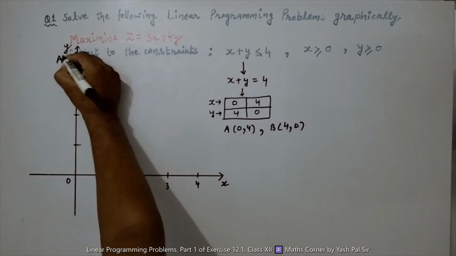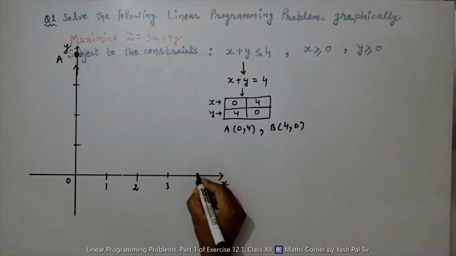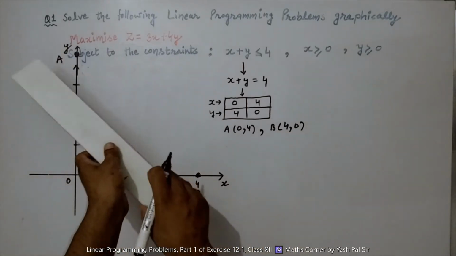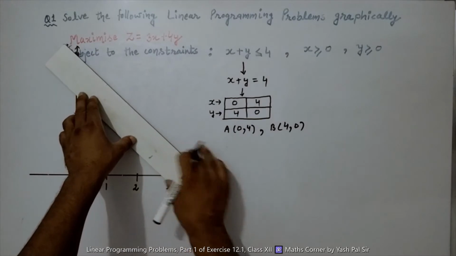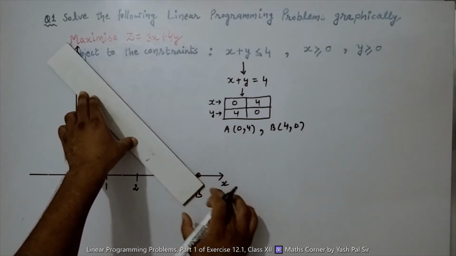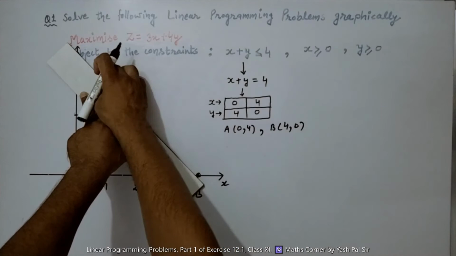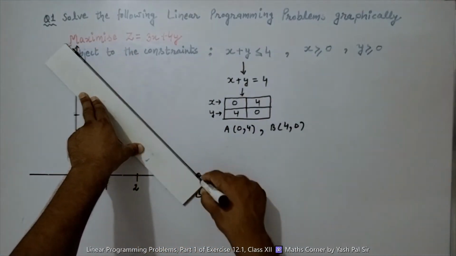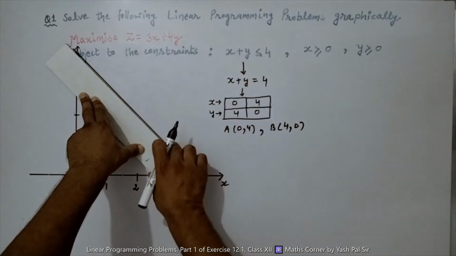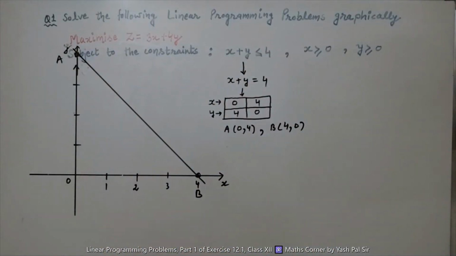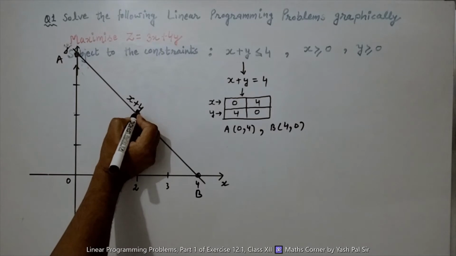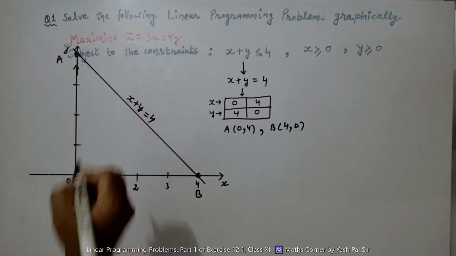So this is the point A and this is the point B. We join these two points A and B, joining them with a dark line. Why a dark line? Because of this equal to sign. And the name of this line is x plus y is equal to 4.